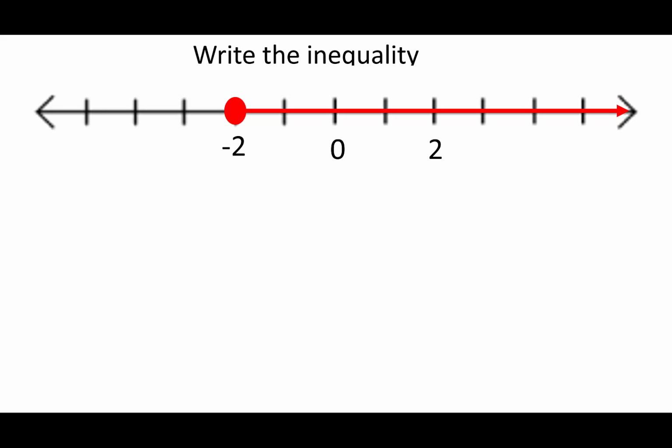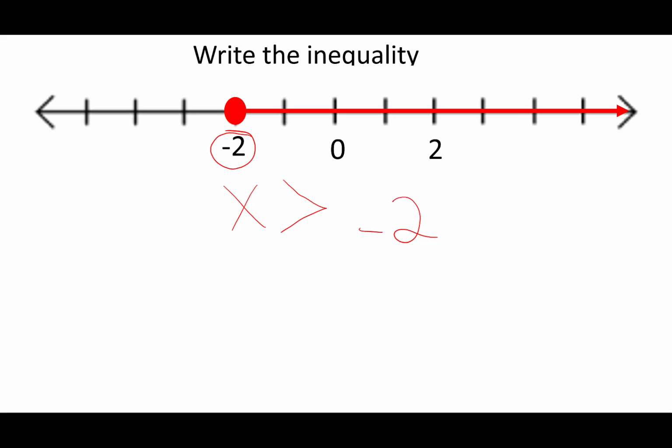All right, so the first thing I look at is where is my dot? It's right here at negative 2. So that's my first thing I'm going to write down. Now, we're going to pick any variable. I'm just picking x because it's simple and easy. So am I shading to the left or to the right? In this one, we're shading to the right, so we know it's going to be greater than.